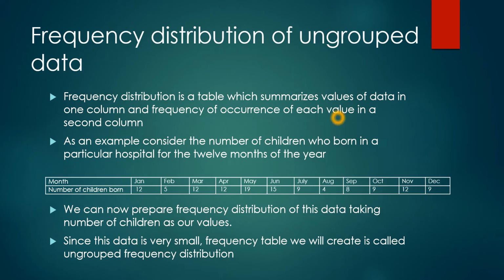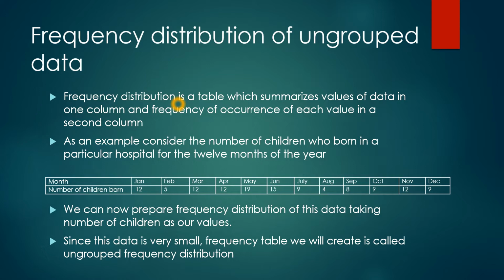First of all, if you look at the first bullet in the presentation, the definition is that a frequency distribution table summarizes the values in our data in a way that one column will have the values that are included in our data, and we are going to have a second column which is going to have the frequency of the occurrence of each value.